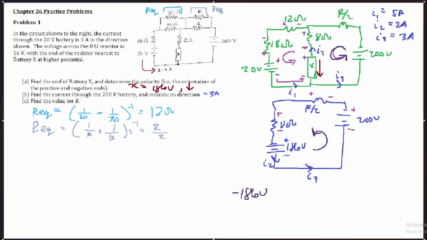We follow the currents. It's going to be plus 200 volts. And then it's going to be minus to a plus. So it's minus I3 R over 2. And then this plus to a minus would be plus 8 I2 equals 0.